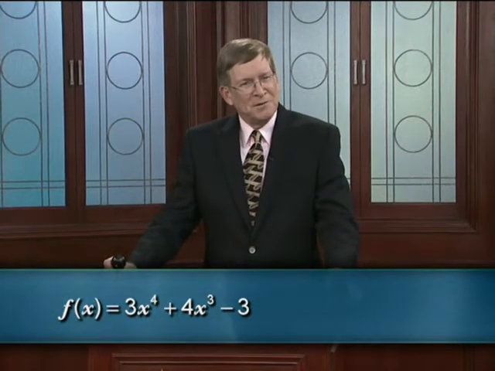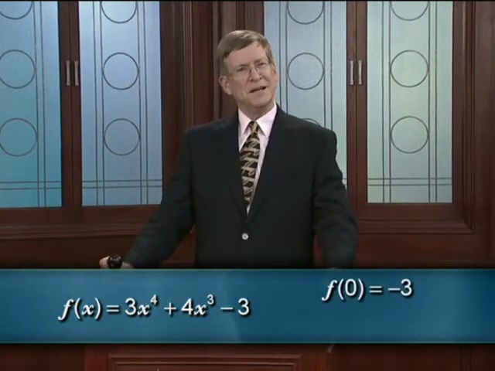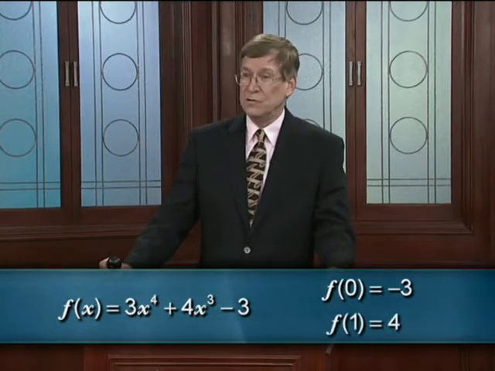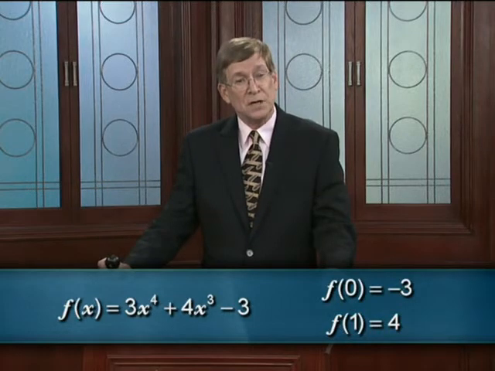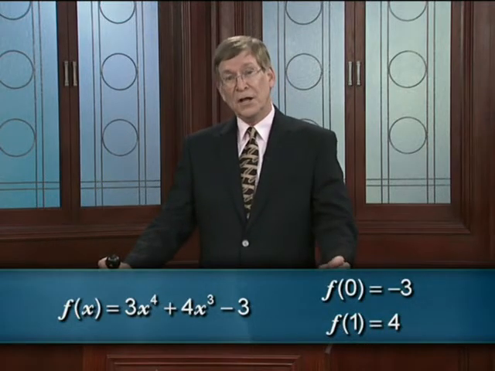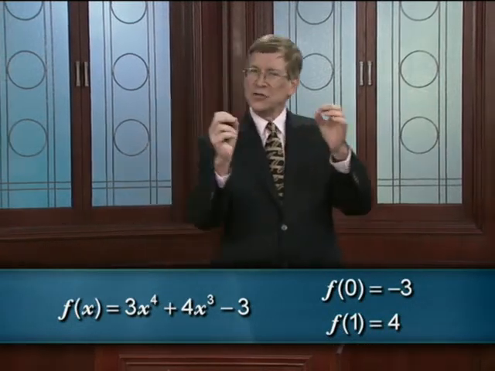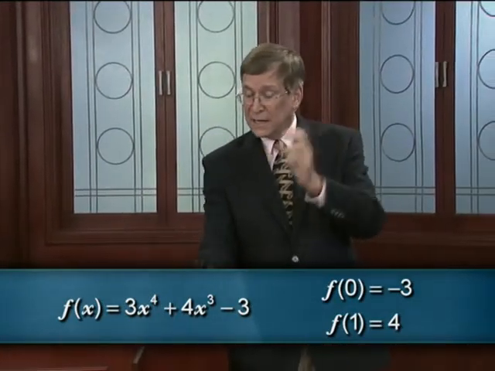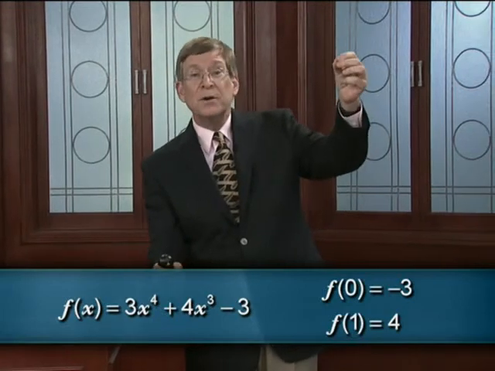Well, notice the following. f of 0, if you plug in 0, you get minus 3. And if you plug in 1, you get 3 plus 4 minus 3, or 4. In other words, the function is negative at 0, minus 3. And then when you go up to 1, it's positive.